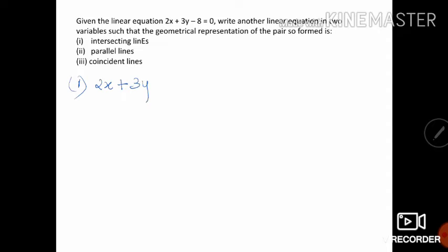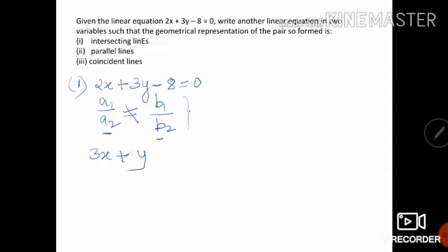One of the equations of the pair is given: 2x plus 3y minus 8 equal to 0. To have a unique solution, a1 upon a2 should not be equal to b1 upon b2. So choose values of a2 and b2 and form an equation such that this condition is met. You can choose any random numbers, say 3x plus y minus 2 equal to 0.